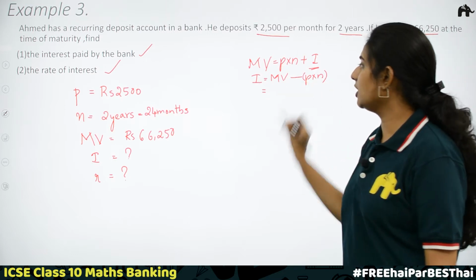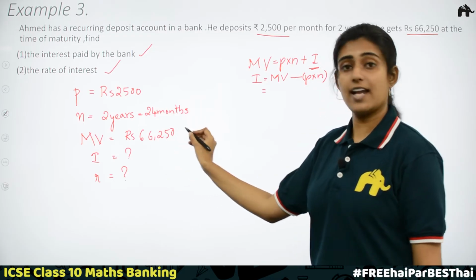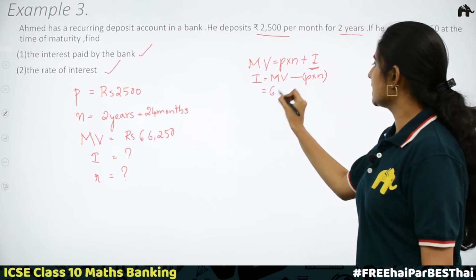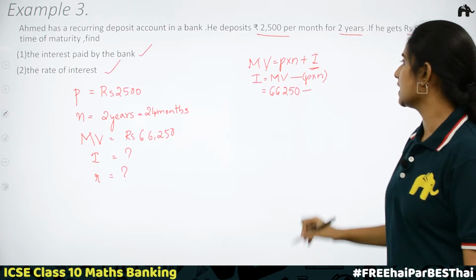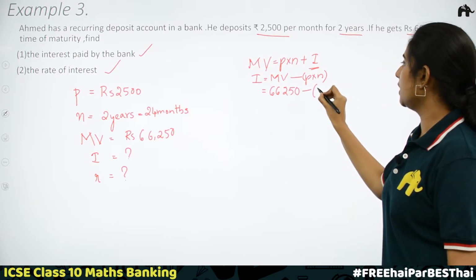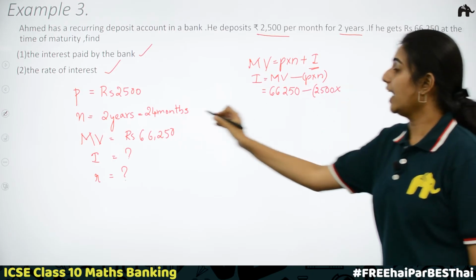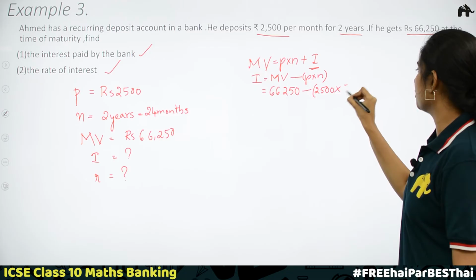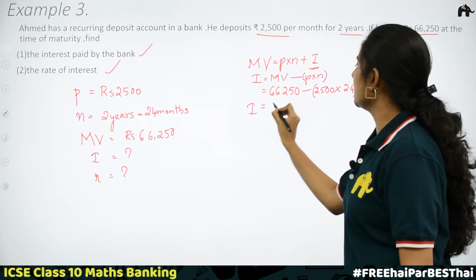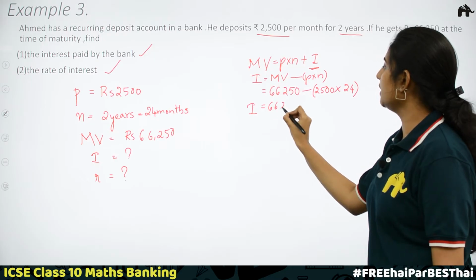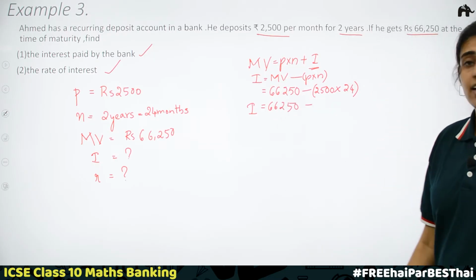What is maturity value here? 66,250. 66,250 minus P is equal to 2,500 into N is equal to 24. Interest I is equal to 66,250 minus 2,500 multiplying 24.